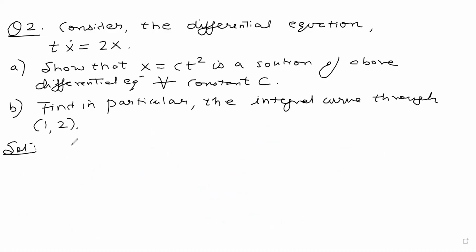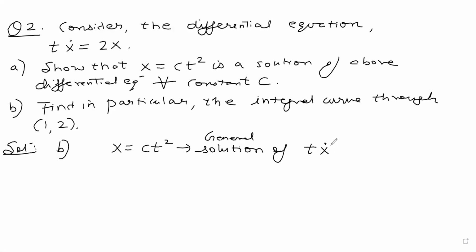So our solution is x equal to ct square. This we have shown in part A, it's a general solution of the differential equation t x dot equal to 2x.